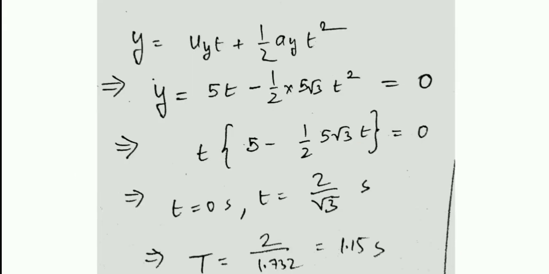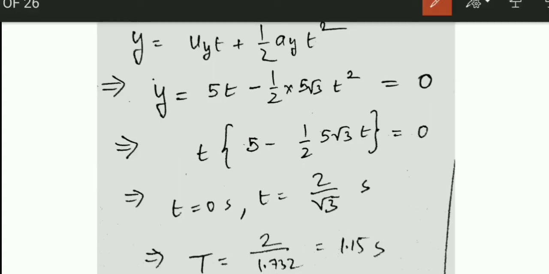See, y is equal to uy into t. I did not remember any equation, I just know the concept, so I will use the basic equation. y is equal to uy into t plus half ay into t square. So what is uy? uy is 5. What is ay? ay is minus 5 root 3.